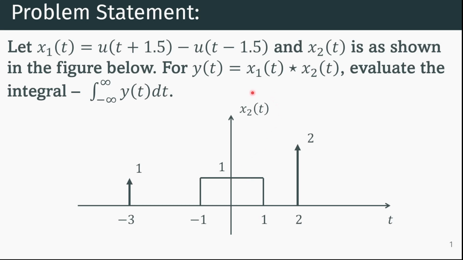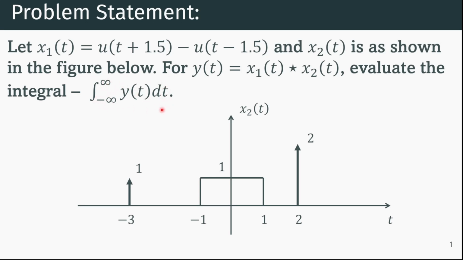Okay, so now what is the question? We are asked to evaluate the convolution of the two signals x1 of t and x2 of t, and the final output is called y of t. But we have to evaluate the integral from minus infinity to infinity of y of t dt.